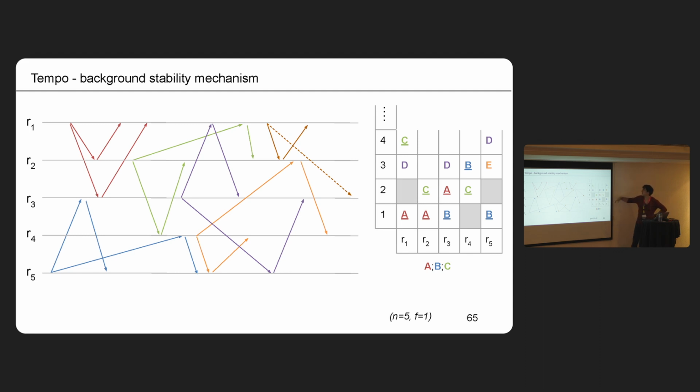For instance, here you have a gap in replica 1, because command D is proposed with a timestamp of 3 by replica 3, because it only knows that there were 2 commands. So one, he was proposing 1, then 2, and then he proposed 3. So, no, sorry, it's replica 1.